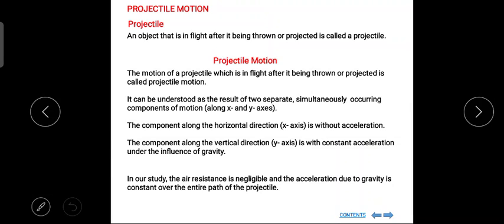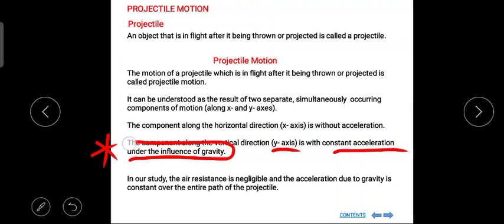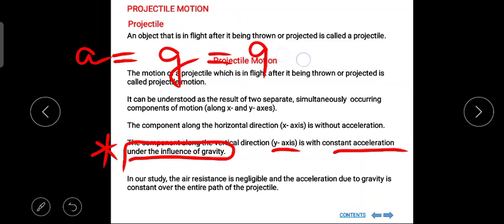But the component along the vertical direction, the y-axis, is with constant acceleration, because it is always under the influence of gravity. So in this whole chapter, while dealing with numericals and motion, I will always take the acceleration as acceleration due to gravity, that is g, whose value is 9.8 meter per second square.